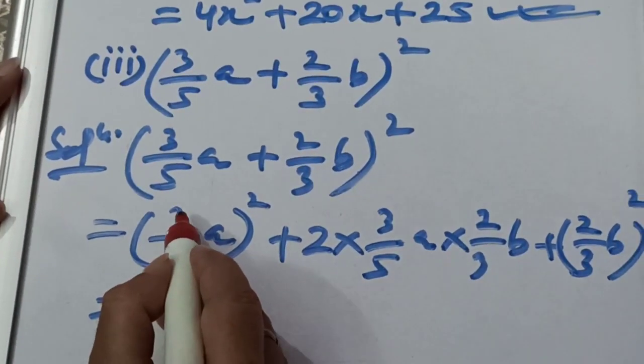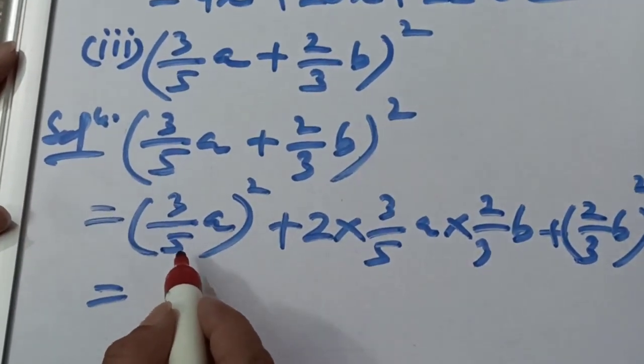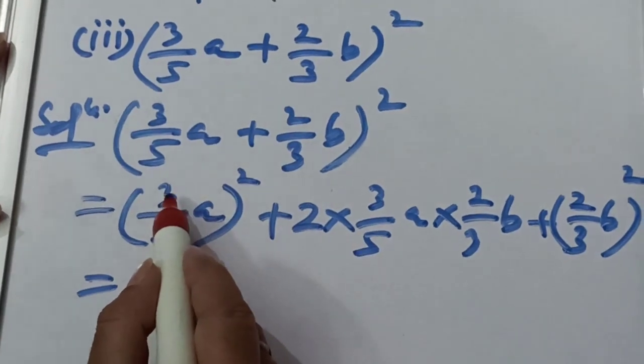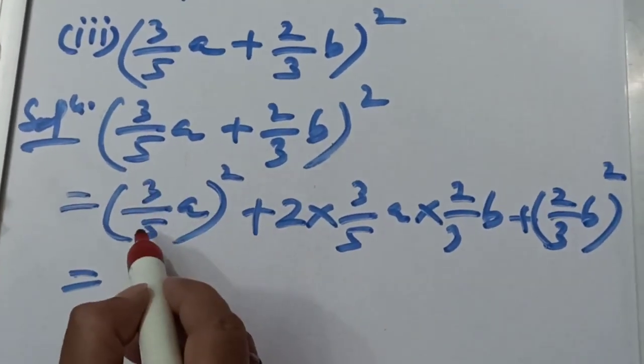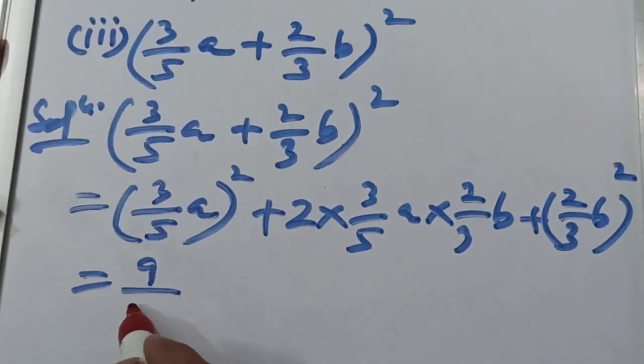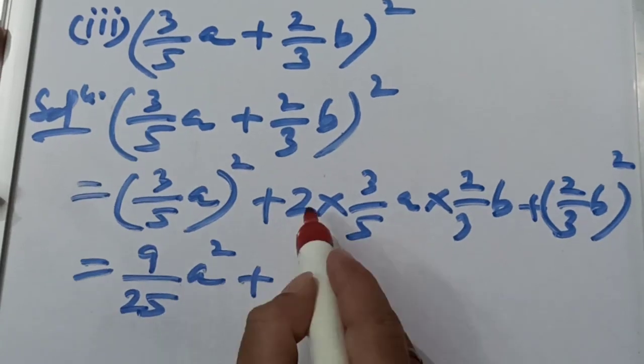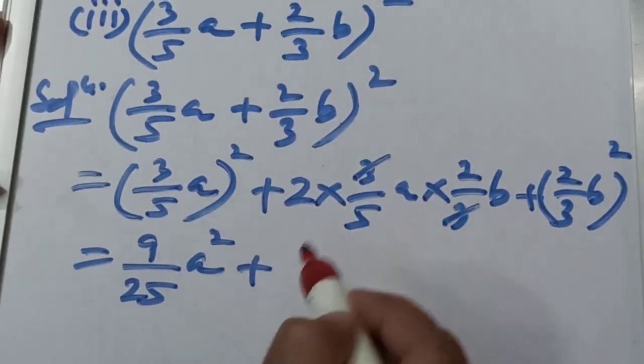3 is the numerator and 5 is the denominator, so multiply both numerator and denominator. 3 into 3 is 9, 5 into 5 is 25, and a square. You can cancel it.